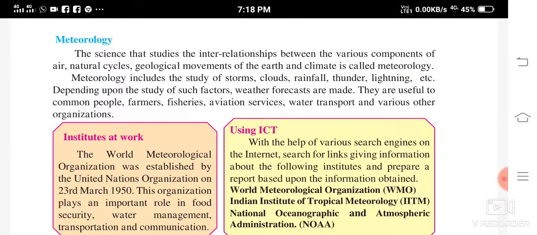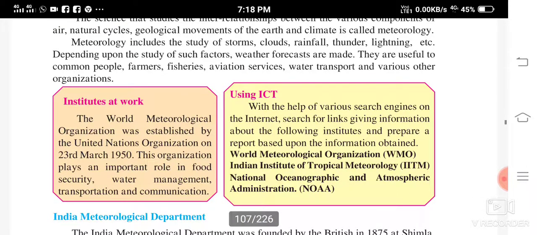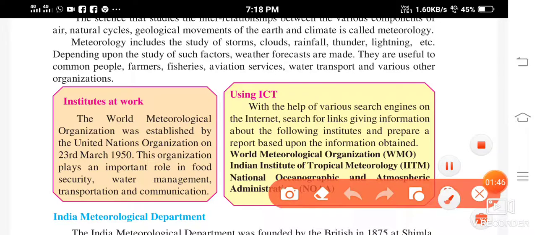Now, meteorology includes the study of storms, clouds, rainfall, thunder, lightning, etc. So see what all meteorology is going to include. It is a science that is going to study the interrelationship between air, natural cycle, geological movements of the earth and climate, isn't it?